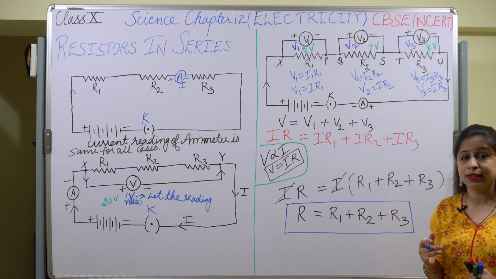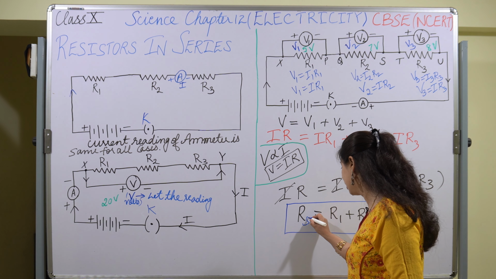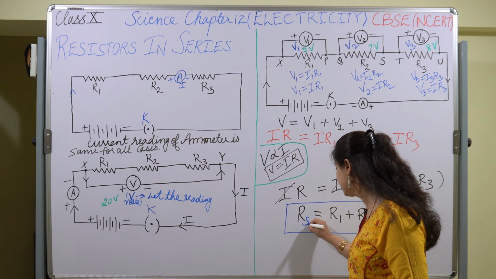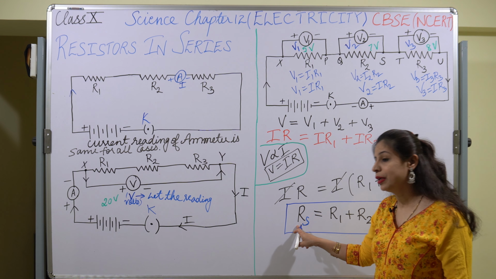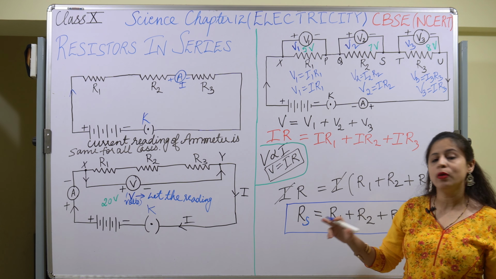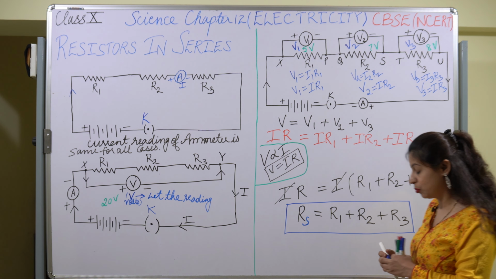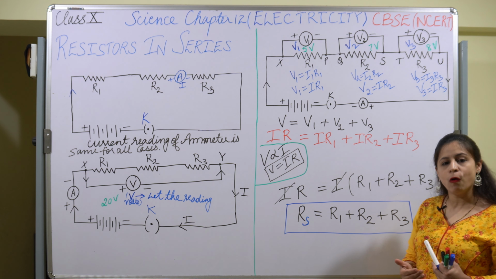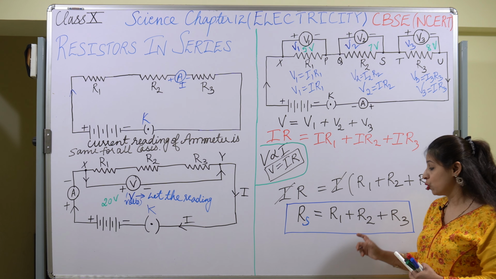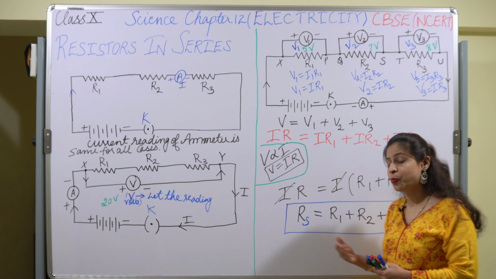When the resistances are connected in series, we also denote it by RS. In some books, it is denoted by RS, depicting the equivalent resistance when the resistances are connected in series. The equivalent resistance is always greater than the individual resistances because it is the sum of all the individual resistances. We need to keep this in mind from the numericals point of view.